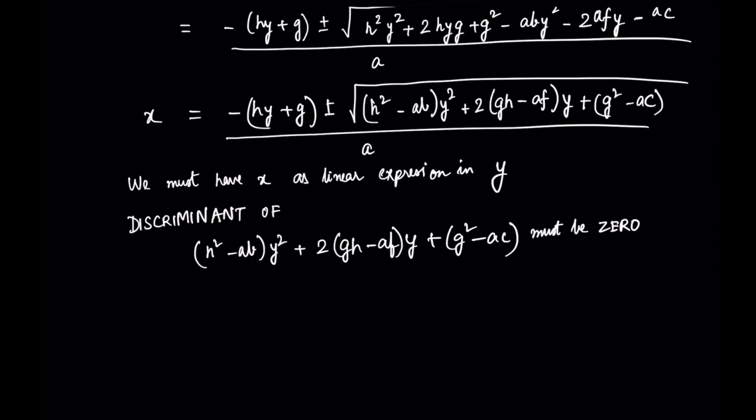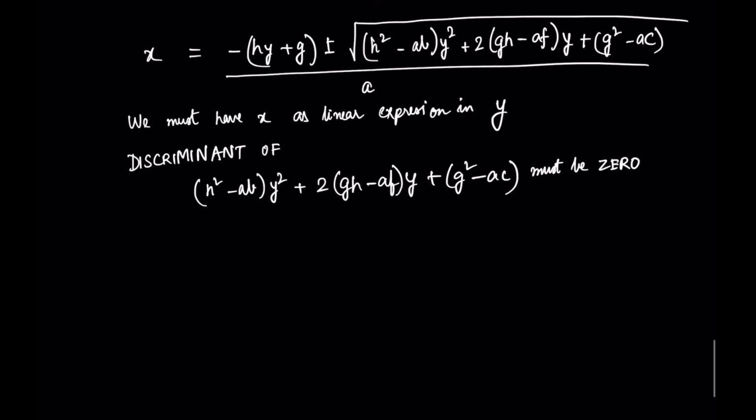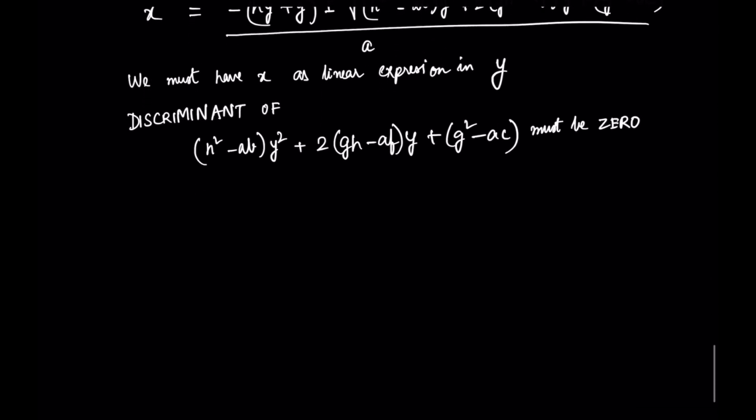Clear till here? The discriminant must be 0. So if the discriminant is 0, simply what needs to be done over here? The discriminant of this part needs to be 0.